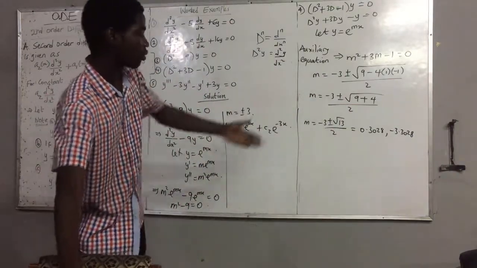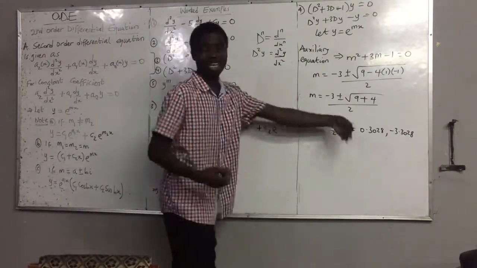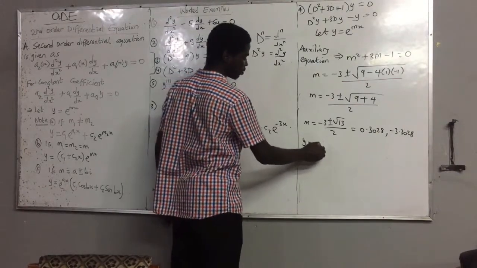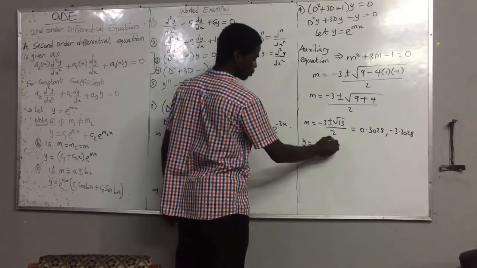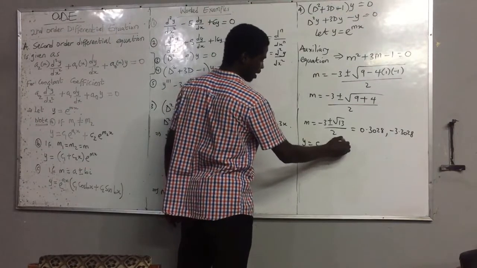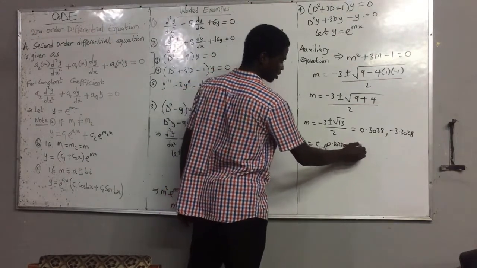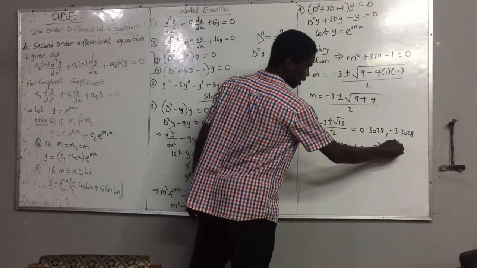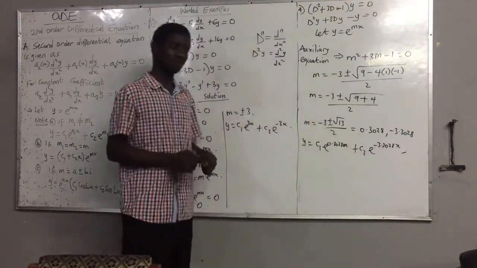That is what you are going to have. So there are two different answers. The answer to this one will now be y equals c1 e raised to power 0.3028x plus c2 e raised to power minus 3.3028x. That is what the answer will be.